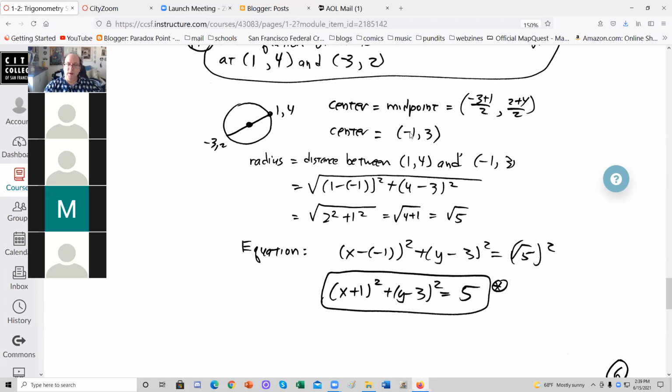H is -1 here, k is 3 here, r is √5, but remember to square that. It's r squared. And so we get (x plus 1) squared plus (y minus 3) squared equals 5. And there's the standard version of the equation.